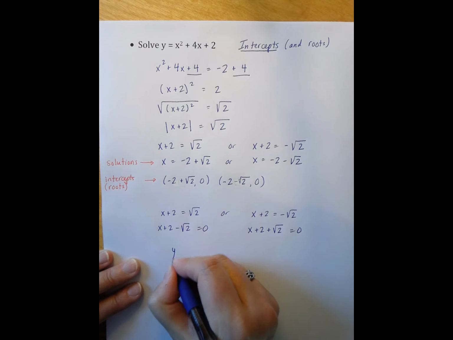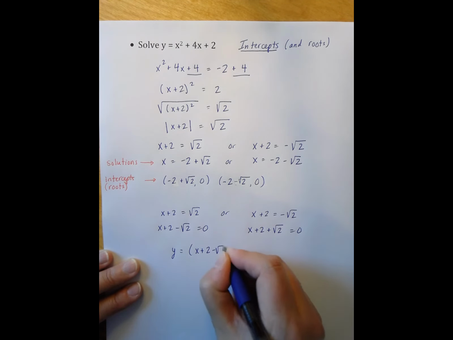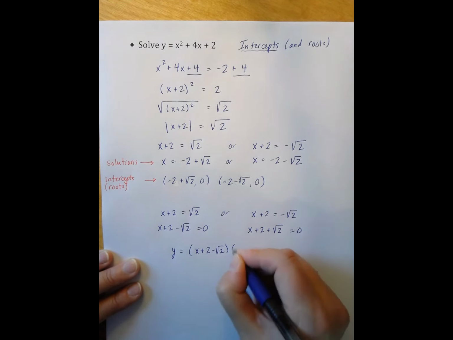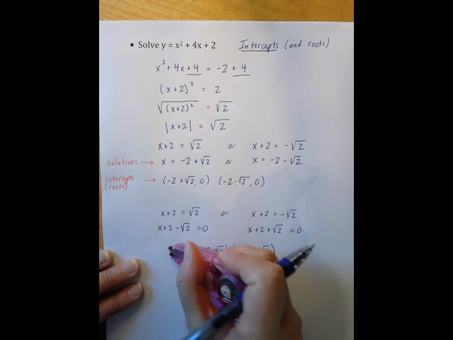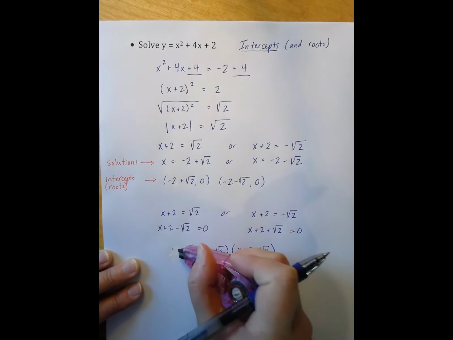So when I multiply them together, they're going to equal 0, which means I now have my original equation written in factored form.